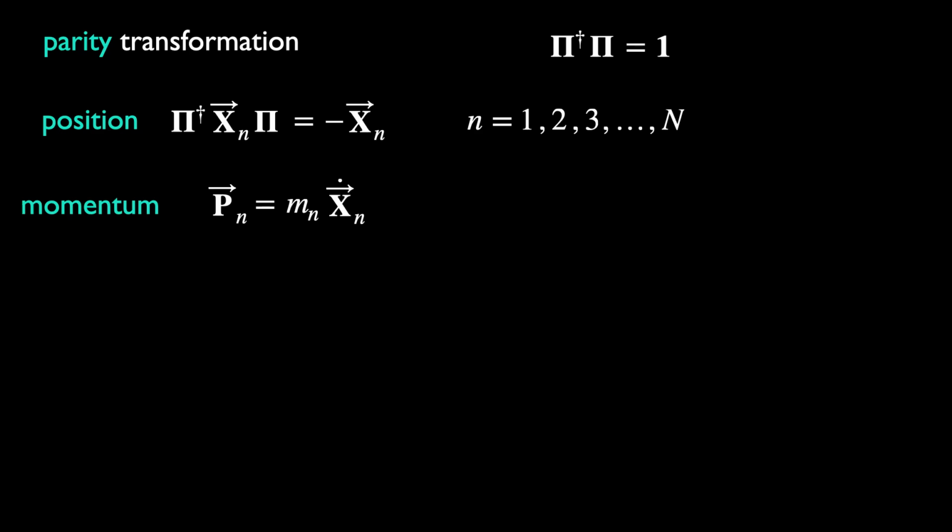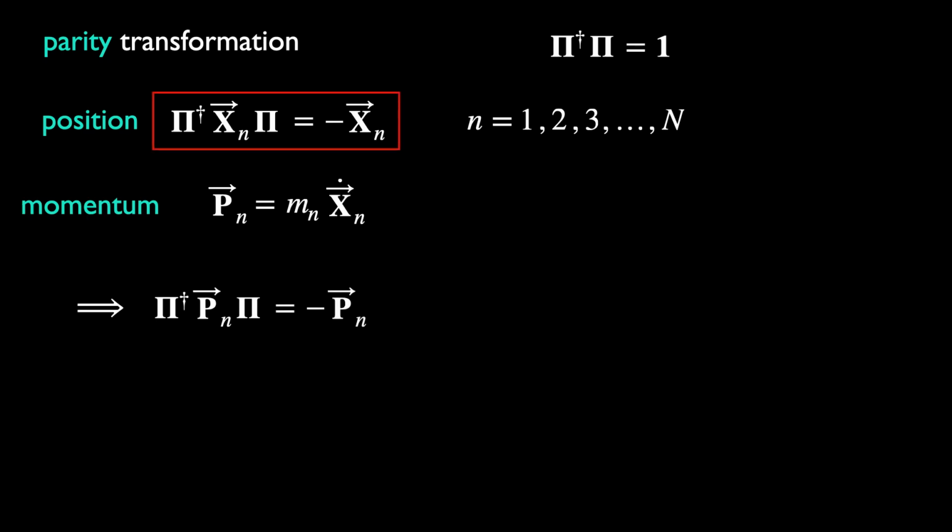If we are only dealing with classical variables, then the minus sign of position would just carry over directly to the momentum, according to this definition. But since we are dealing with Hilbert space operators, let's do this more carefully.